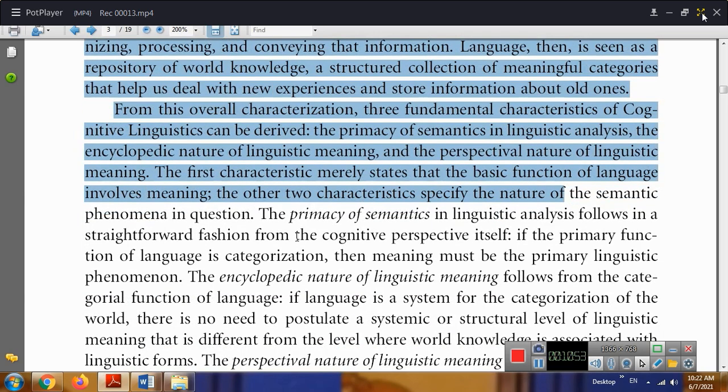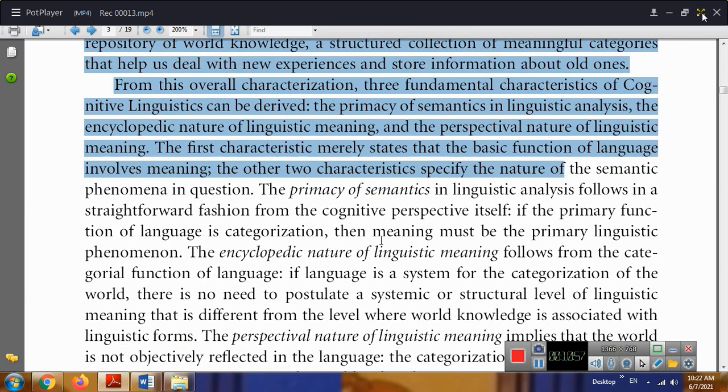The first characteristic merely states that the basic function of language involves meaning. The other two characteristics specify the nature of the semantic phenomenon in question. Okay, here in this part, it wants to give us some information about the relationship between cognitive linguistics and semantics.